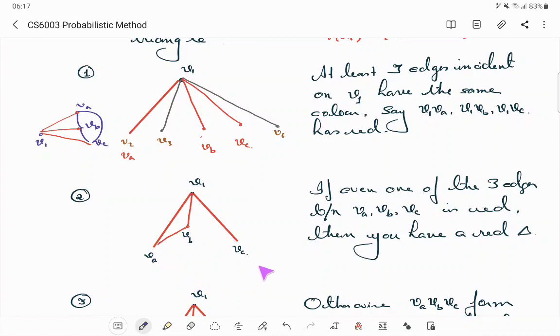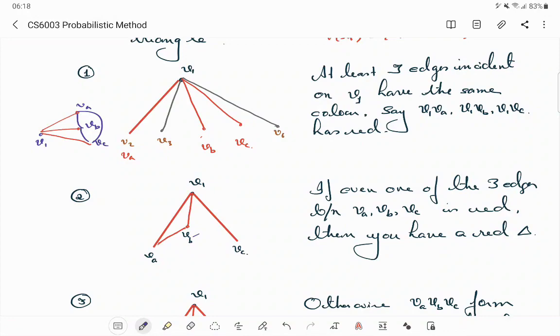Within that 50, you can either get a triangle or a K50, which is monochromatic, right? Because among those 50 vertices and the 50 choose 2 edges between them, even if one of them is red, assuming that red is the color that appeared 50 or more times, you get a red triangle. Otherwise, you get a green K50, right?